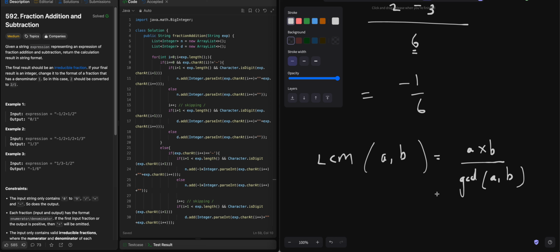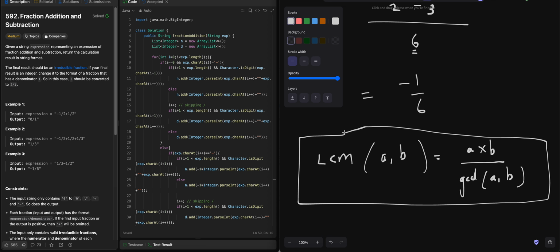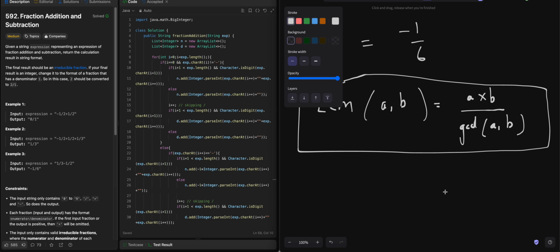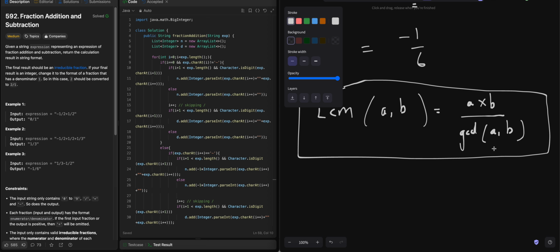With this formula we will get the LCM, okay?